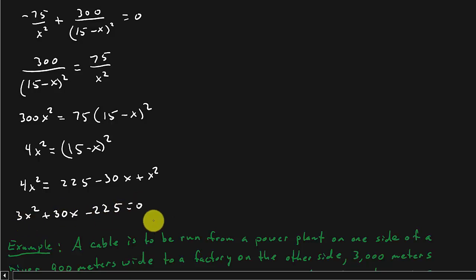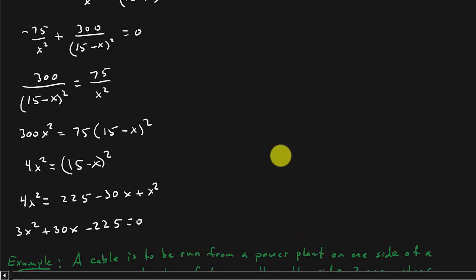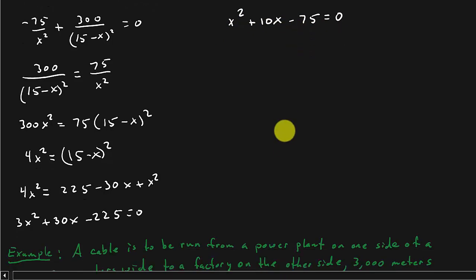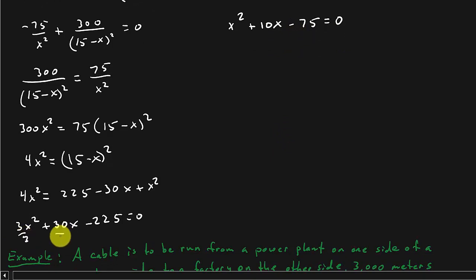And then I can divide everything by 3. So that is going to give me x squared plus 10x minus 75 equals 0. That's dividing each one of these by 3.